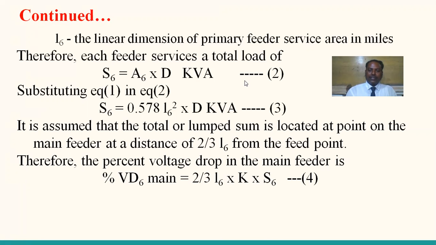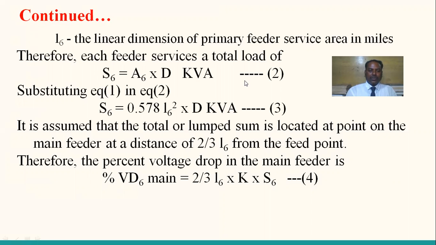Already we discussed this in the earlier case. K is the percent voltage drop in kVA mile, so that should depend upon the size of the conductor and the voltage on the line. So for S6 you have a value in equation number 3.